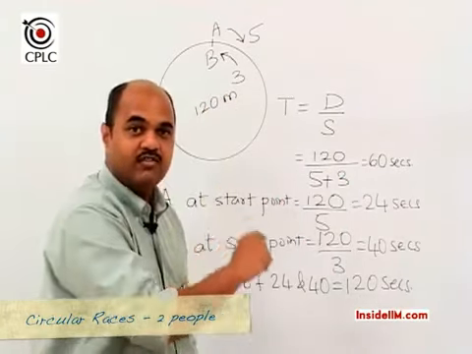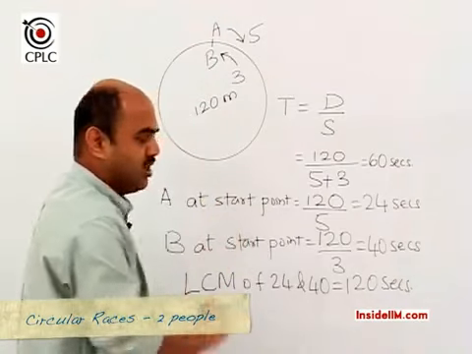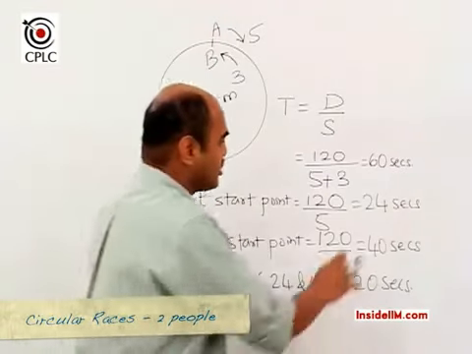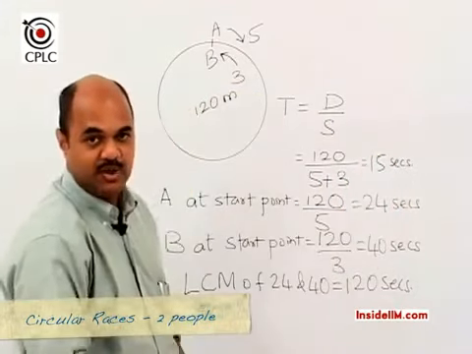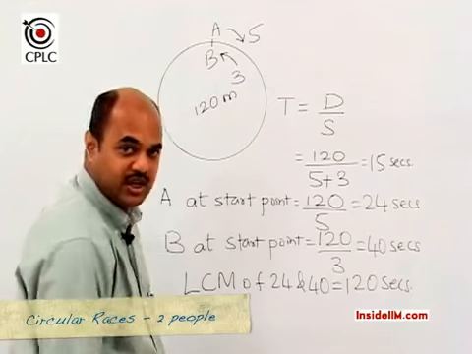Now it would be 5 plus 3 because they are moving in opposite directions. So now my answer would be 15 seconds is the time in which they will meet for the first time.